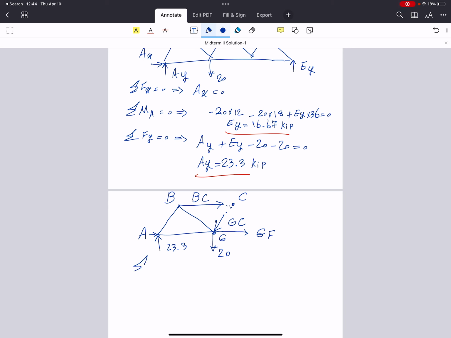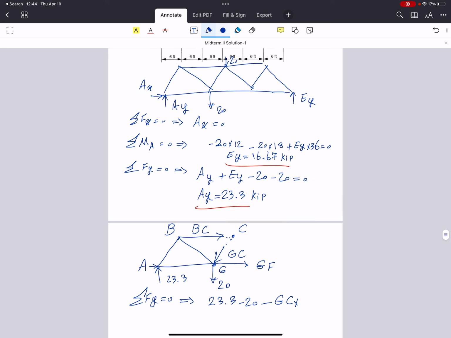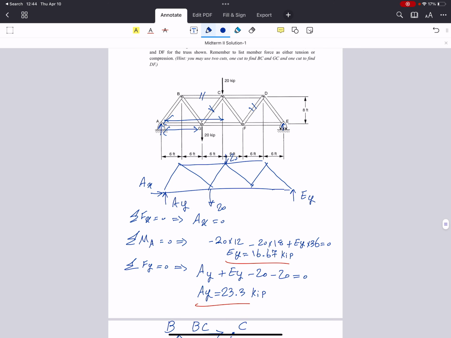Let's do it. Fy equals 0, then we have 23.3 going up, minus 20 going down, and minus GC, what is the slope? It's going down, right? The slope here, as you see, it's a right triangle.